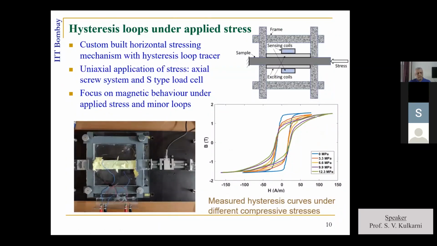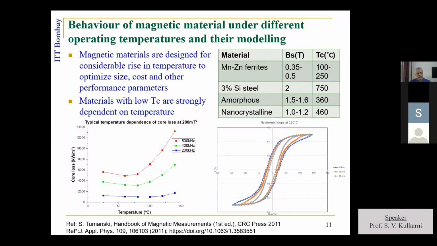Also, rotating machines and transformers and other magnetic devices need to be clamped, and due to clamps, the magnetic circuit gets mechanically stressed, and then these hysteresis loops get modified due to the mechanical stress. We are doing some work on identifying how the stresses affect the magnetic circuit losses. Similarly, temperature also has an effect on the hysteresis loop, and this effect is significant for materials having low Curie temperatures.